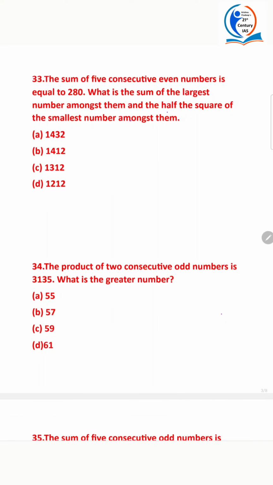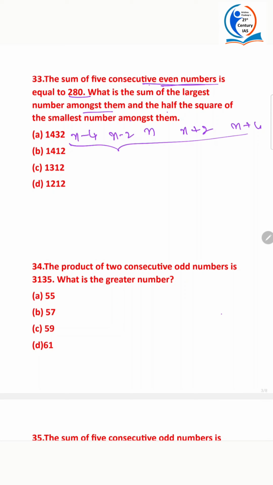Now, the third question. The sum of 5 consecutive even numbers is equal to 280. What is the sum of the largest amongst them and half of the square of the smallest number among them? Okay. Again, consecutive even numbers. So, numbers would be n, n plus 2, n plus 4, n minus 2 and n minus 4. Okay.